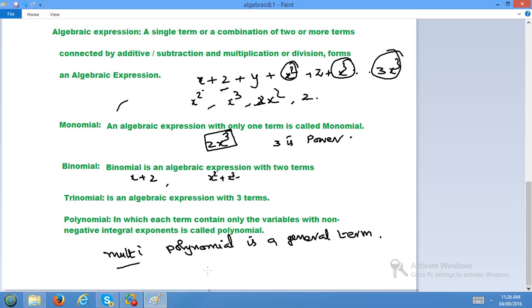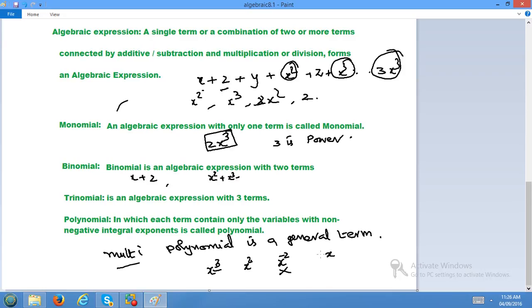In x cube, the power is positive. In x square, this 2 is positive. Suppose it is x to the power of minus 2, then it is not a polynomial.